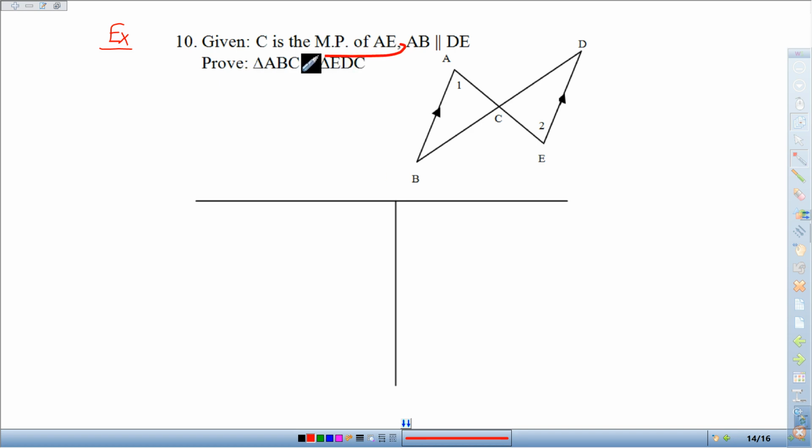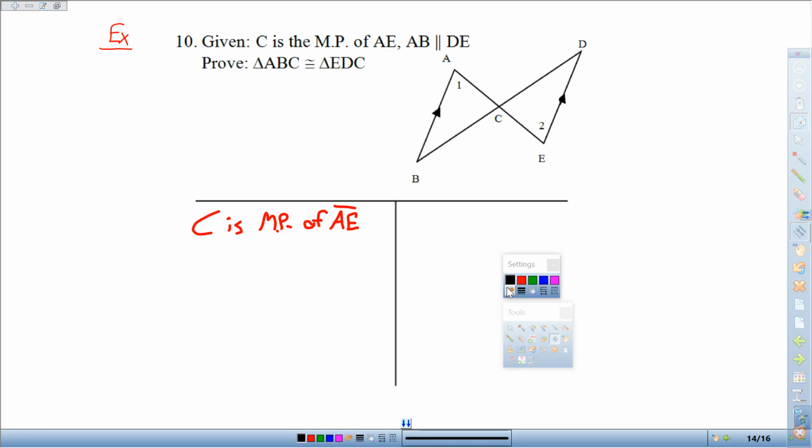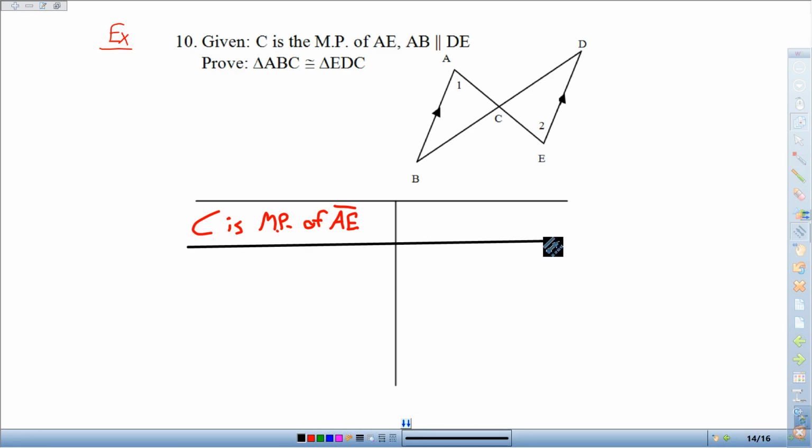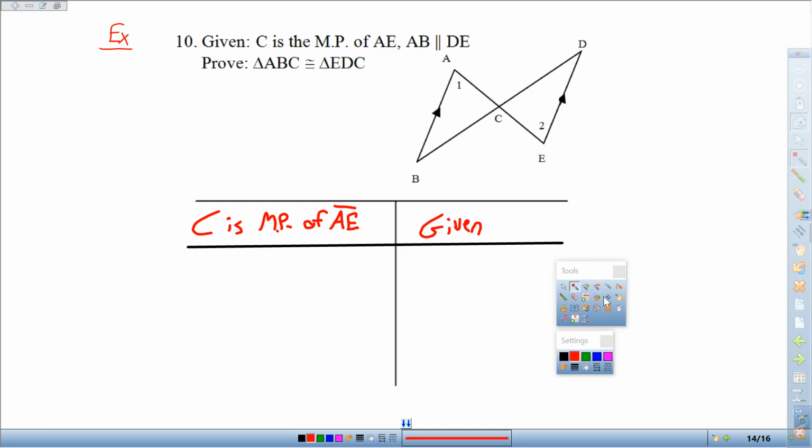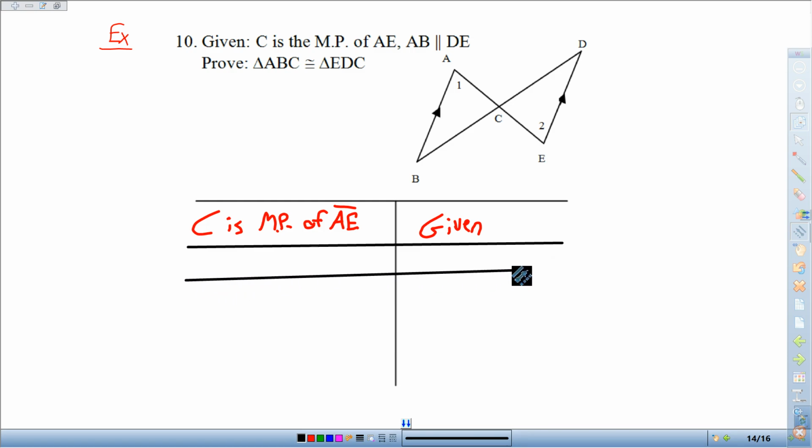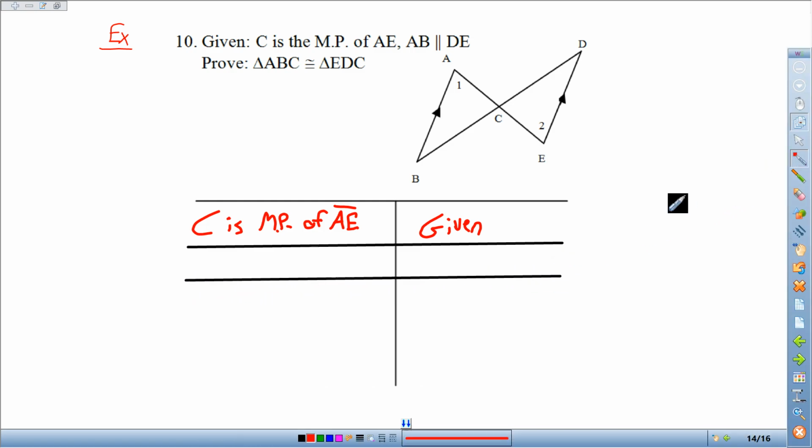First thing, C is the midpoint of AE. There's my statement. Segment AE. Let me draw my line. Why do I know that? Because it's been given to me. Here's what I'm hoping you're thinking. Oh, they just told me I have a midpoint. Well, I know my very next reason is going to be definition of midpoint.